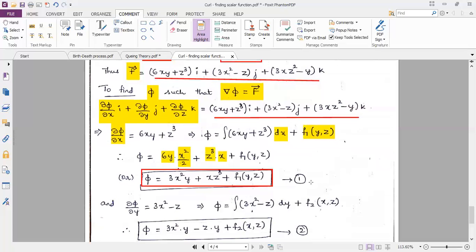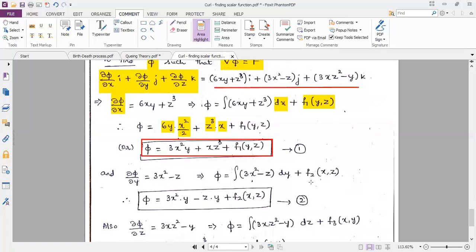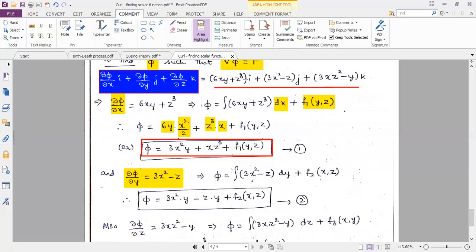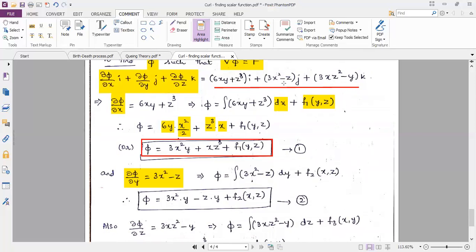Similarly, equating the j term on both sides, we obtain ∂φ/∂y = 3x² − z. Integrating with respect to y, the integration of (3x² − z) dy, plus the constant of integration f2 of x comma z.